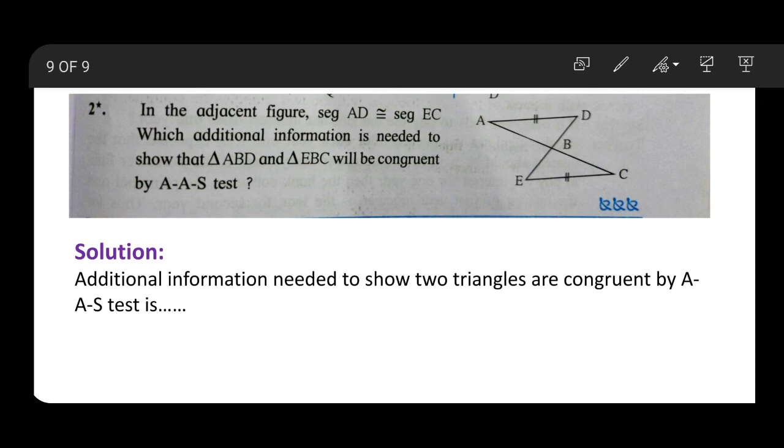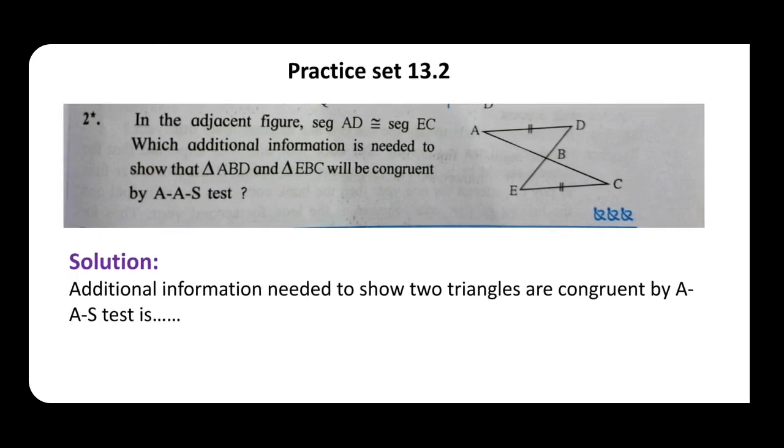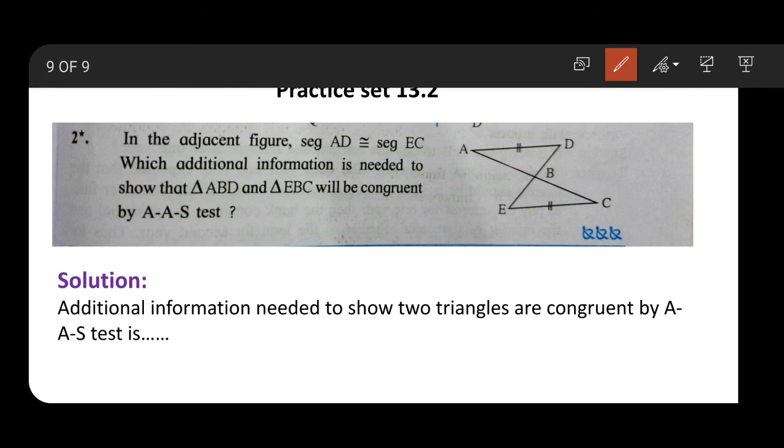If we write this, our answer will be marked in this way. This angle will be congruent to this angle, and this angle will be congruent to this angle. I'll just write the answer again for you. Angle ADB is congruent to angle BEC.